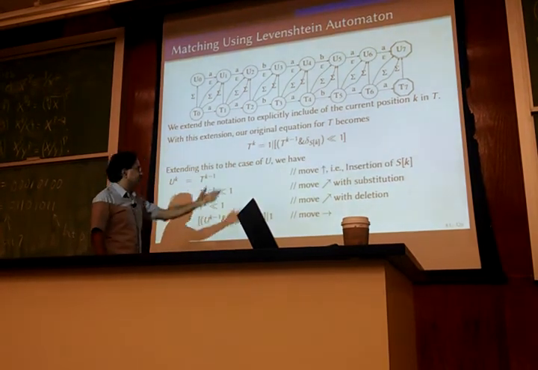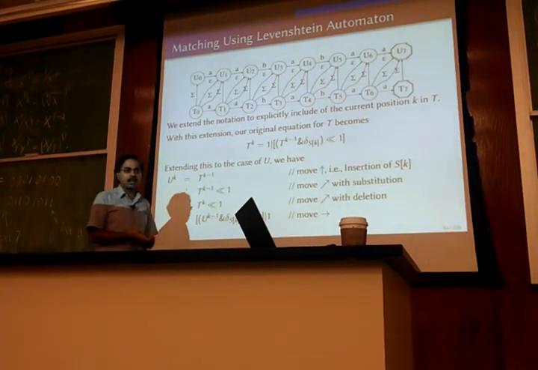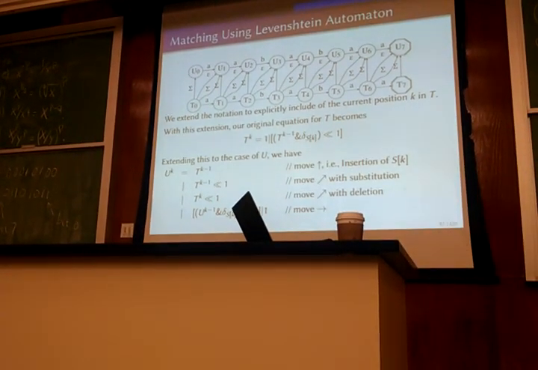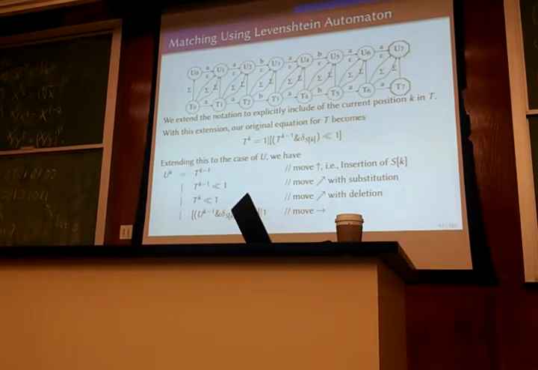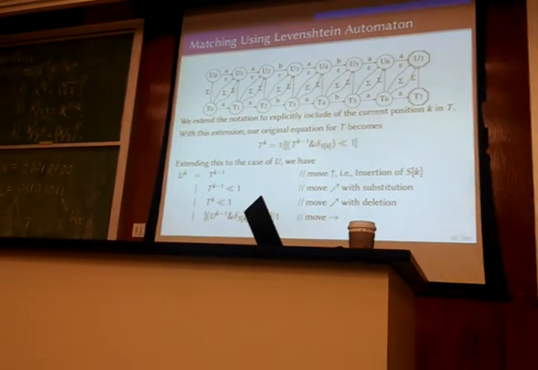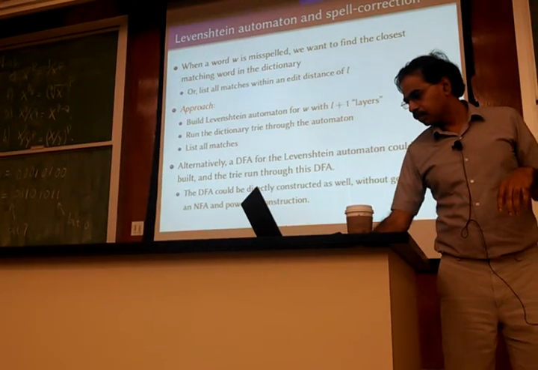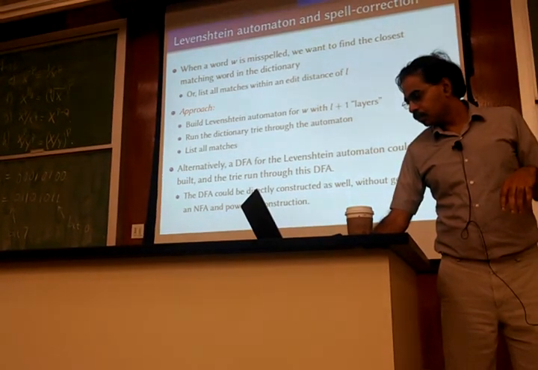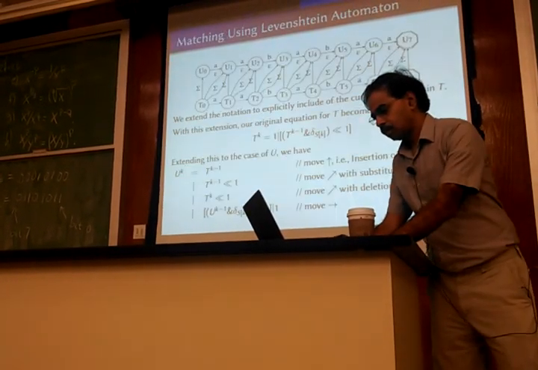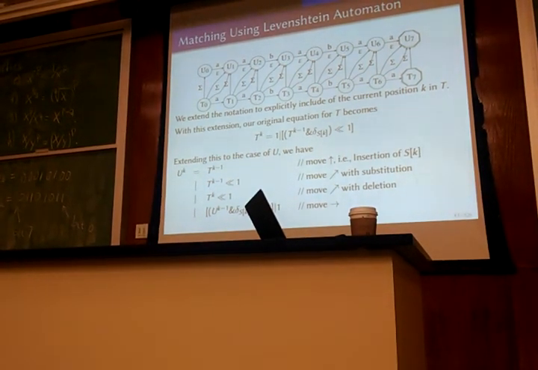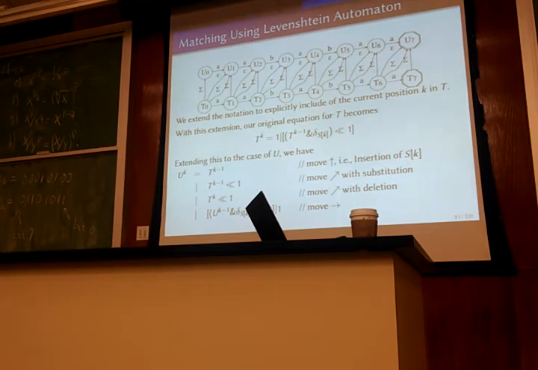You can see once again we are back to the familiar picture with horizontal moves, vertical moves, and cross moves that we saw in the edit distance algorithm. So I can compute the U bit vector in a constant number of operations.